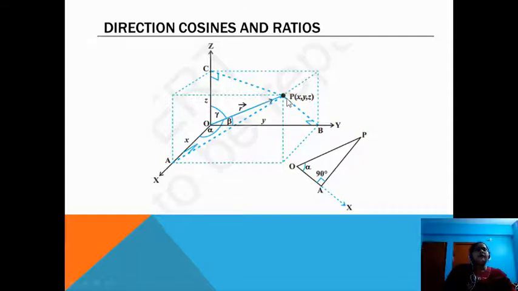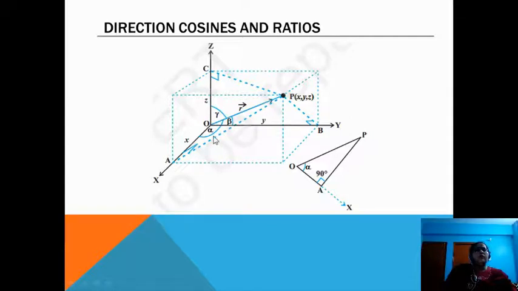That means the point P is at a distance x along the x-axis. So let us suppose this OA is x, the y coordinate is small y, so let us suppose this is OB, and the z coordinate is small z, this is OC.